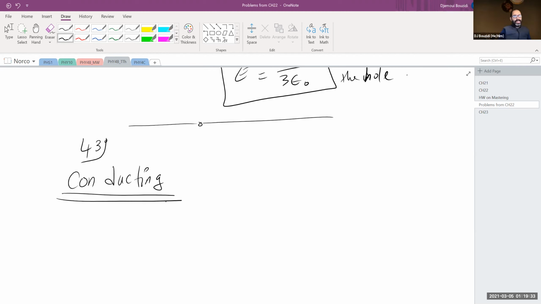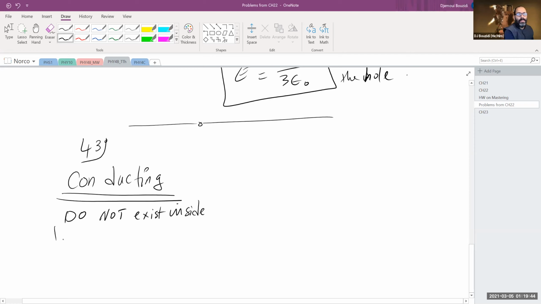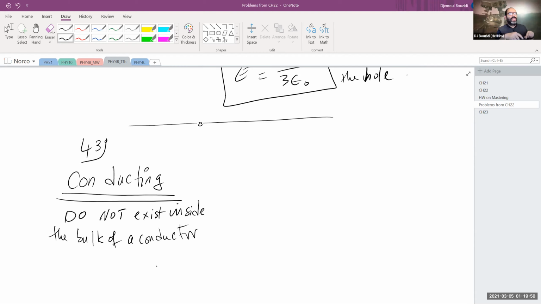Charges do not exist inside the bulk of a conductor. So in other words, you cannot have uniform charge distribution. If you happen to sprinkle 10 coulombs on a conductor, it's not going to go uniform. It's going to go only to the surface. It's not going to go inside the material. Okay, so that's what that means.